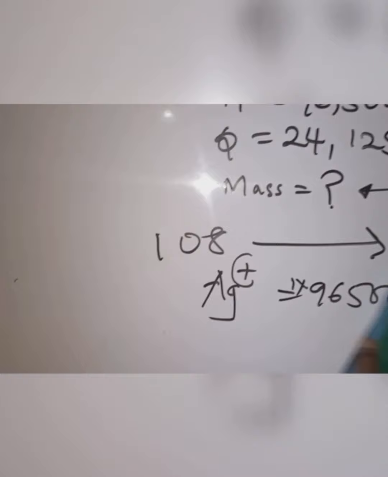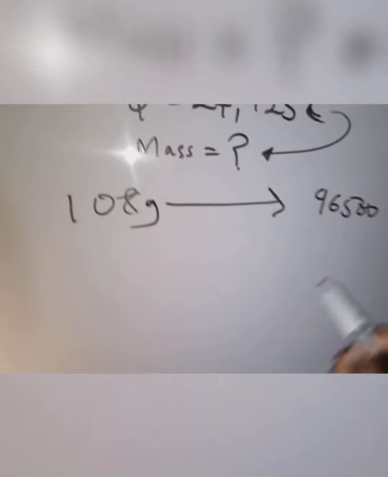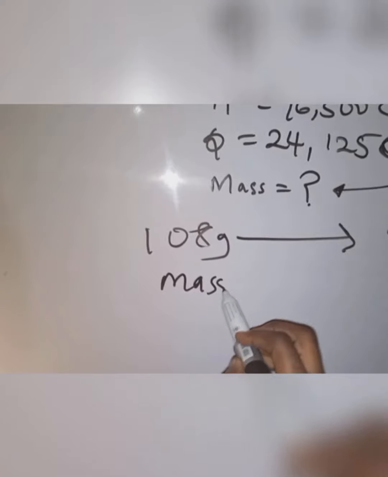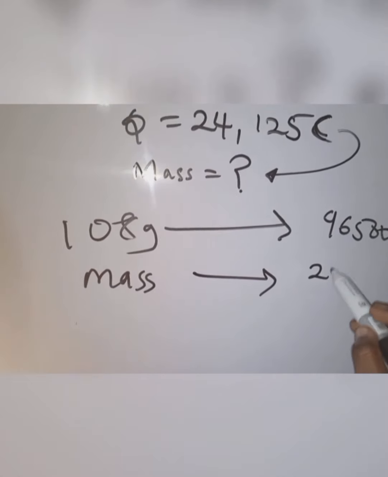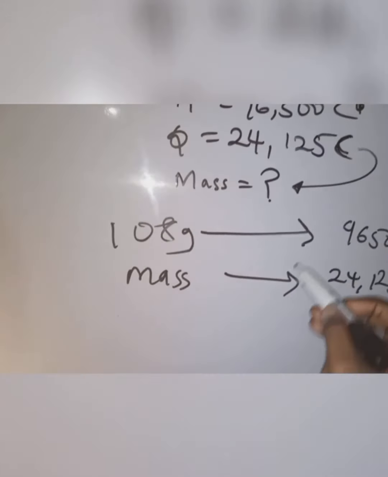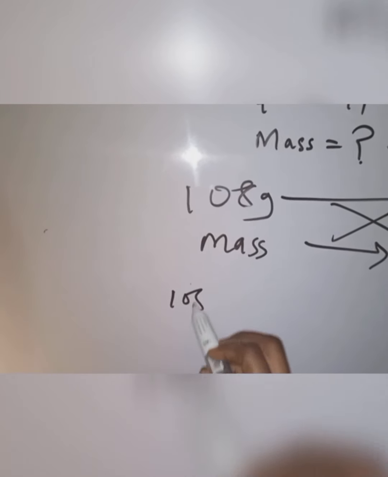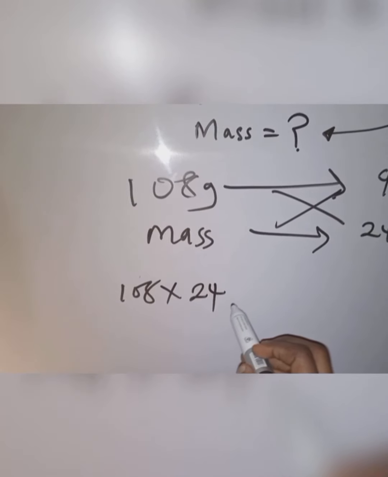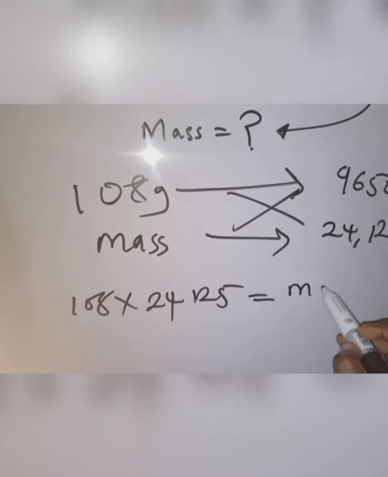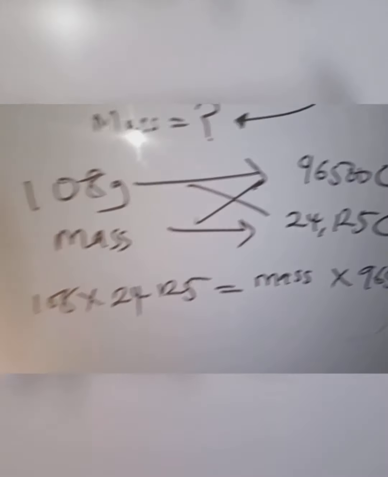So let's continue. Since 108 gram is 96,500 coulomb, what mass will yield 24,125 coulomb? You cross multiply. This times this, 108 times 24,125, is equal to this times this, mass times 96,500.